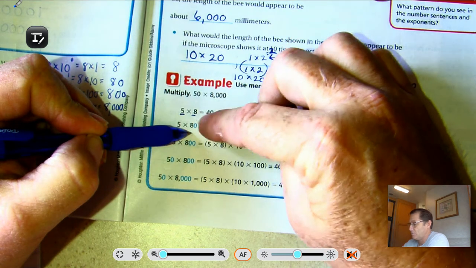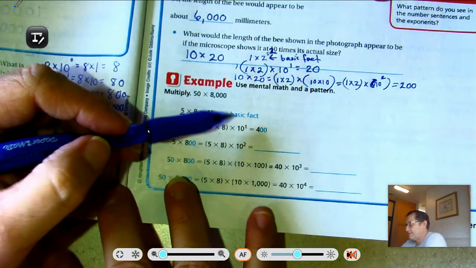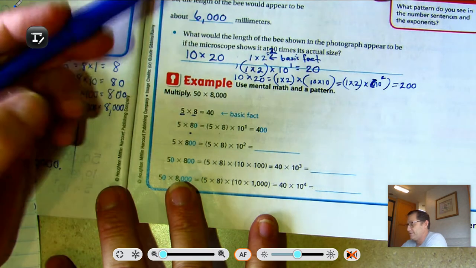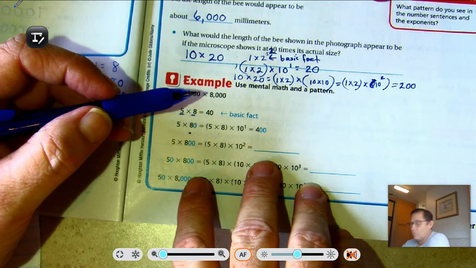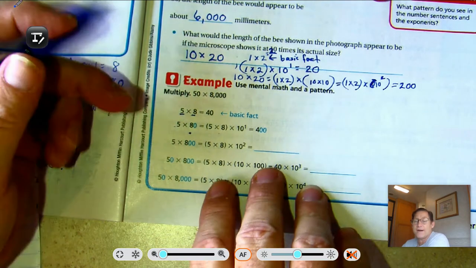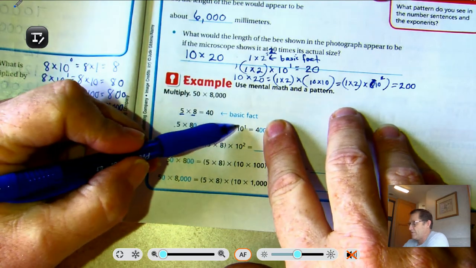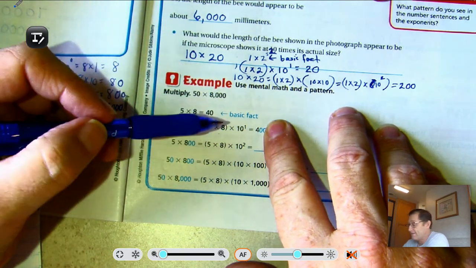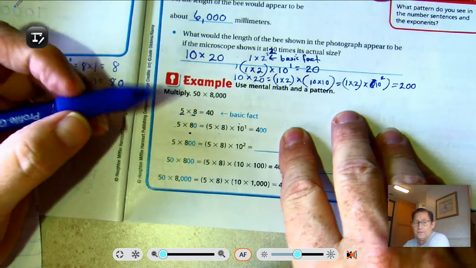Okay, so we're multiplying the 8 by one set of tens. So 5 times 8 times the first power of 10 would give us 400. Now, why isn't it 40? Well, because 8 times 5 is already 40. Okay, so 40 is the whole number, and it's going to be followed by 1 zero, the first power of 10, so 400.